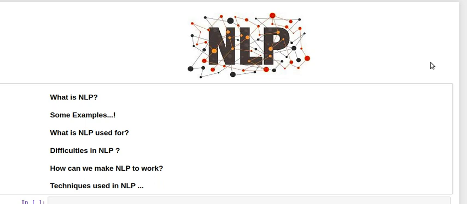Now let us see what are all the challenges involved in NLP. Natural language processing is considered a difficult problem in computer science. It is the nature of the human language that makes NLP difficult. The rules that dictate the passing of information using natural language are not easy for computers to understand. Some of these rules can be high-level and abstract, for example, when someone uses a sarcastic remark to pass information.